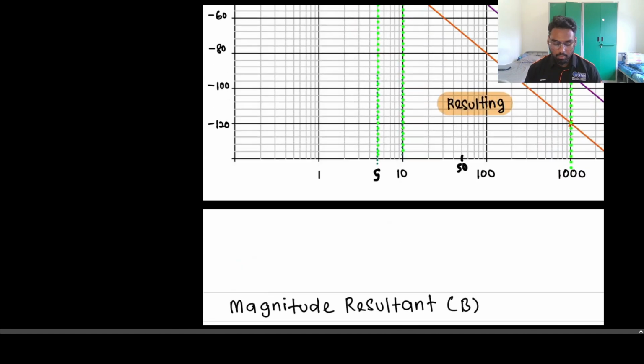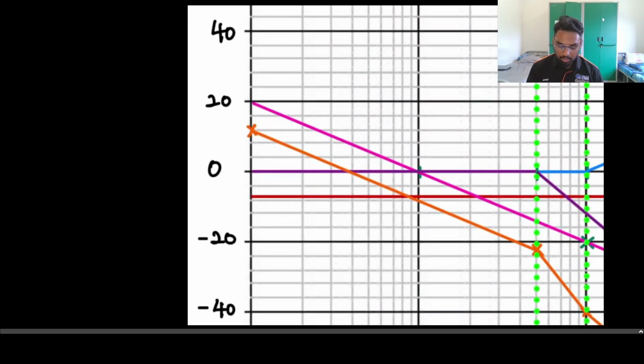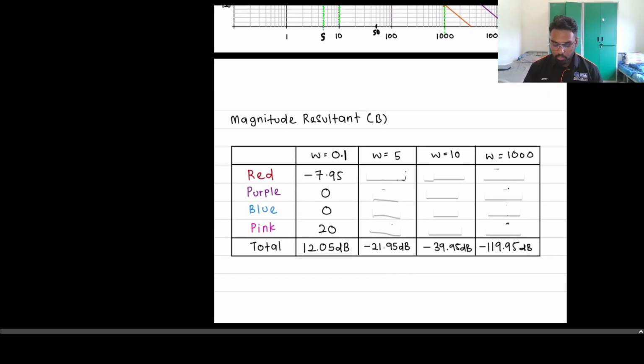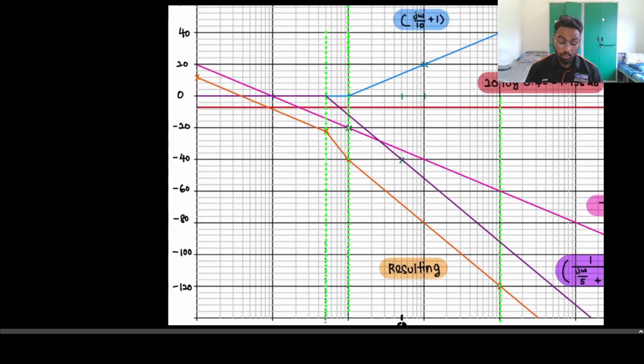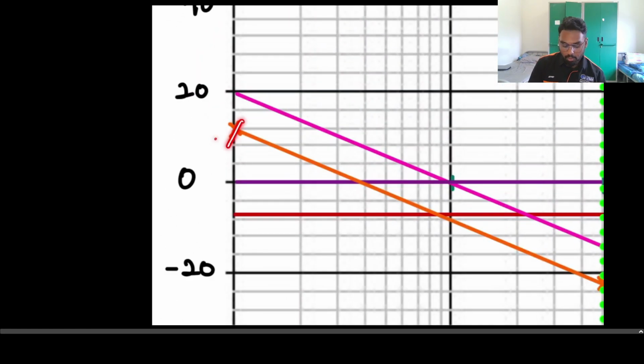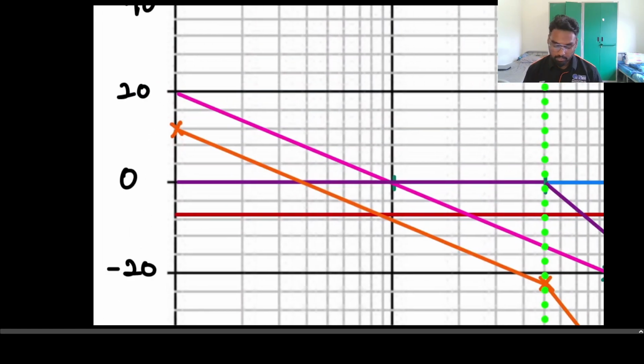If you do that for every line that is intersecting on the y-axis, and do a process of addition of each and every number, we will get a number of 12.05 decibel, which is our resultant coordinate. So the orange coordinate is the 12.05.